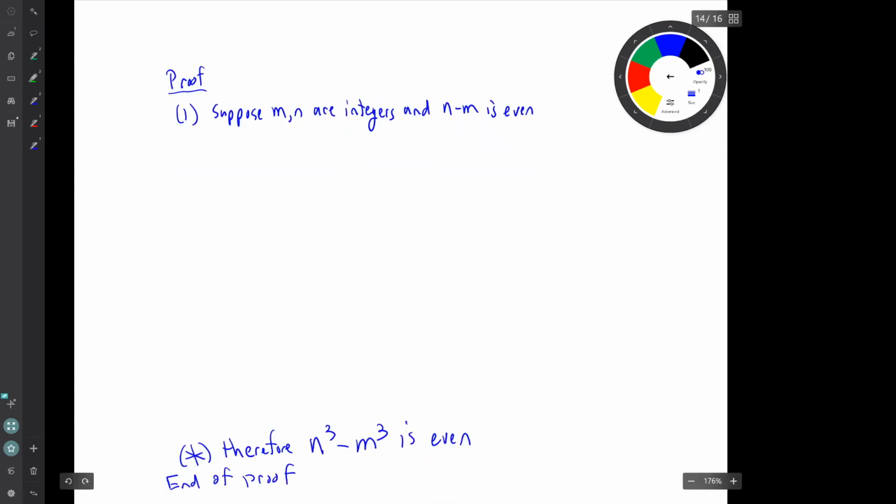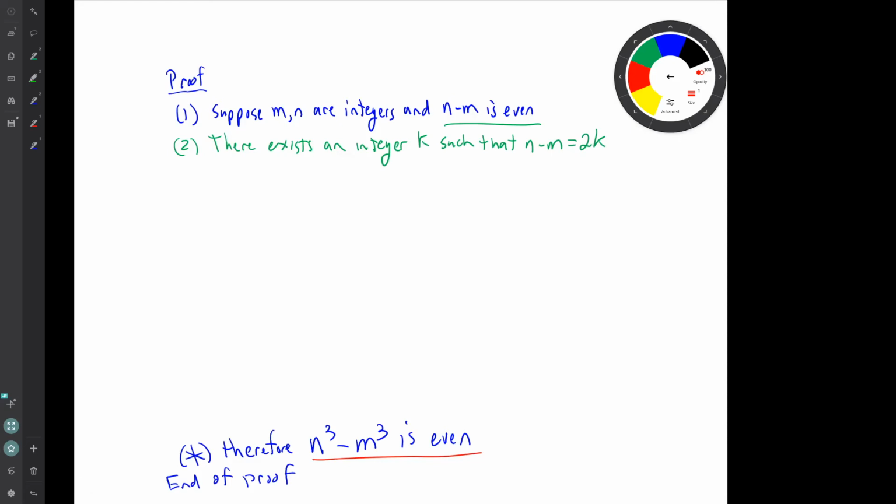So how can we begin to fill this in? Well, notice that we have a defined expression here. n minus m is even. We have no choice about what's going to have to happen on step 2. And notice at the end, we have a defined expression. n cubed minus m cubed is even. That means something.